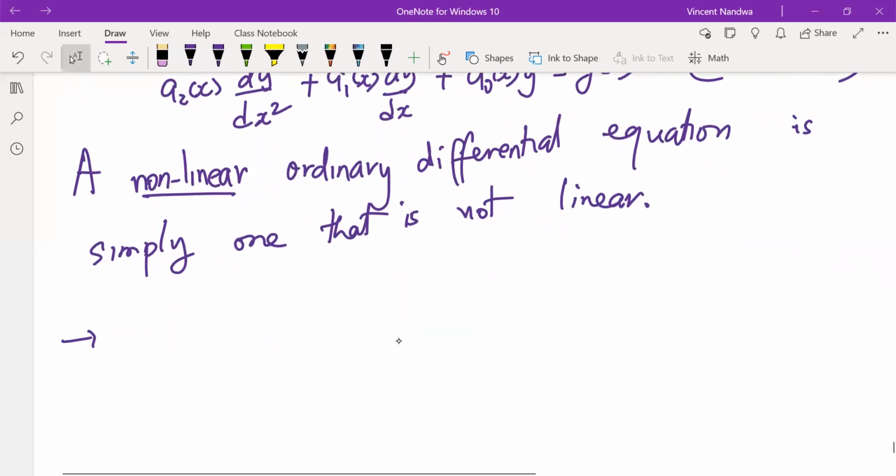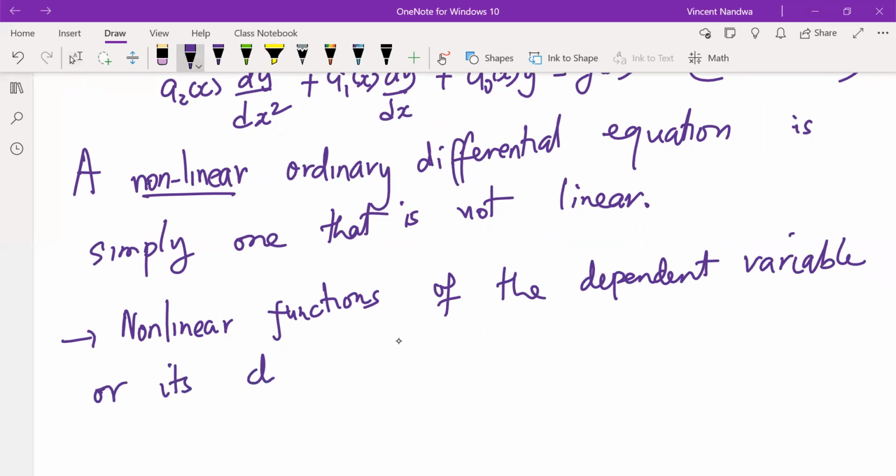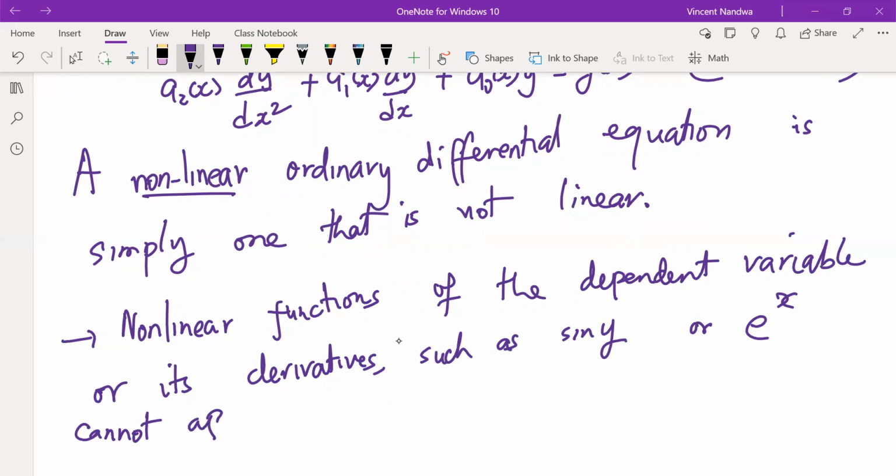So we can say nonlinear functions of the dependent variable or its derivatives, such as sine of y or e raised power x, cannot appear in a linear equation.